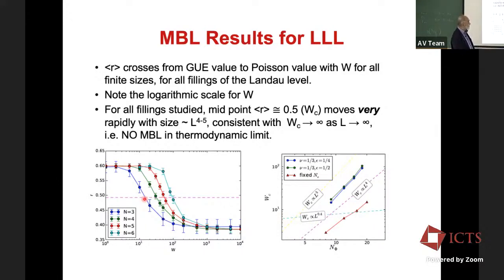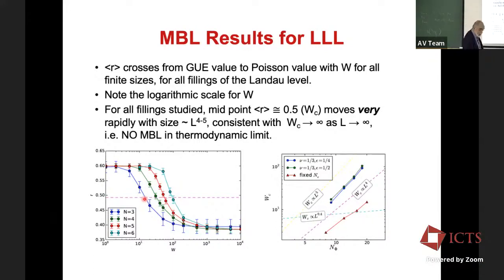Then this critical W seems to go from L to the 4 to L to the 5. And we have done it for 1/3 and halfway in the band, 1/4 way in the band. We've also tried it for other fillings, and it's really marching like crazy. So this is basically saying this is consistent with there being no many-body localization in the thermodynamic limit.